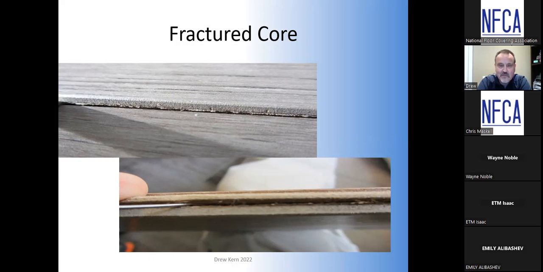This can be a manufacturing defect because I've seen this come out of the box that way, or it comes out of the box with a very small fracture that can't be seen by the installer, so we can't blame him. He installs it and the fracture continues to grow. And then it becomes a squeaking board or a moving board.